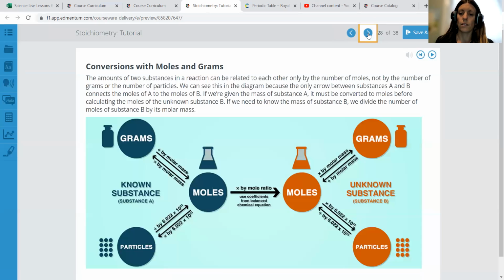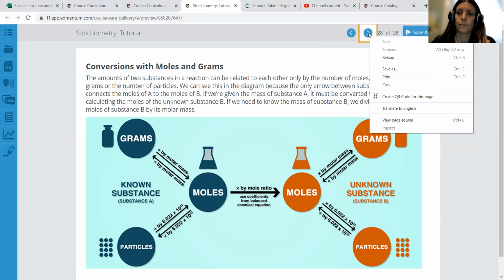All right, moles. This shows you conversions with mole and grams, like what you would do: for the mole, divide by molar mass, or to get grams, mole times molar mass. Same thing, this is if you know the substance or you don't know the substance. And here are the conversions on what you would do for this one.